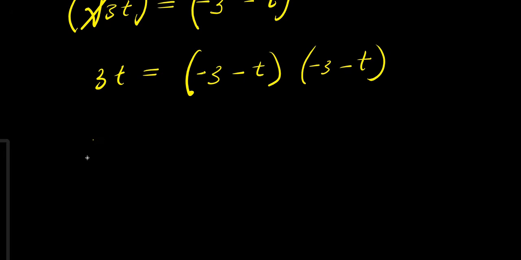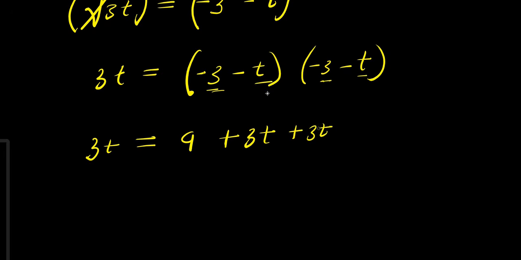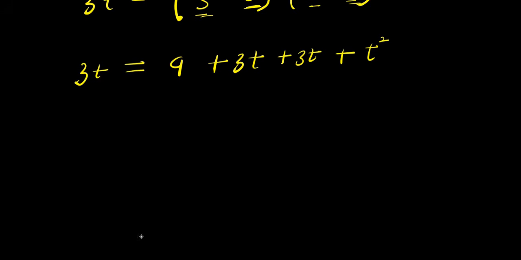From here, I will have 3t equals negative 3 times negative 3, this is 9, negative 3 times negative t plus 3t, negative t times negative 3 plus 3t, negative t times negative t plus t squared. From here, I have 3t equals 9 plus 6t plus t squared.